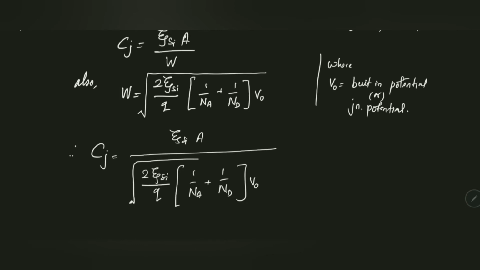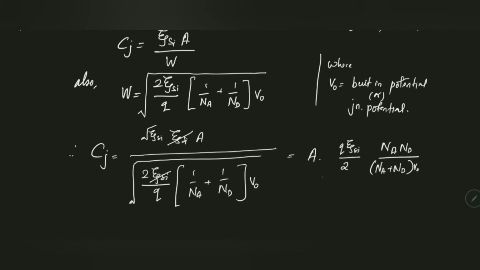We can cancel the epsilon Si, leaving root epsilon Si, so we can write it as A into the root of q epsilon Si divided by 2 into Na Nd divided by (Na plus Nd) into V naught.